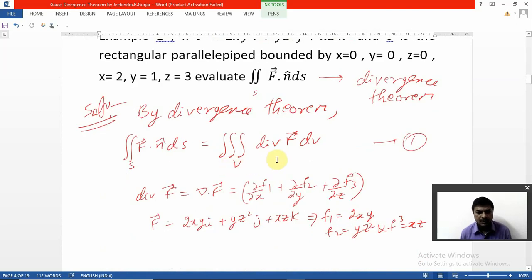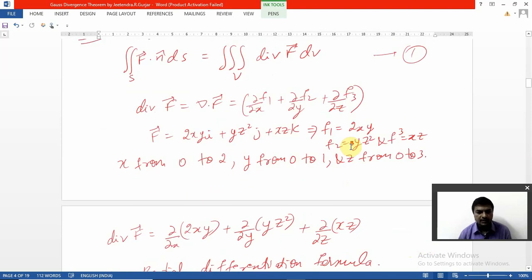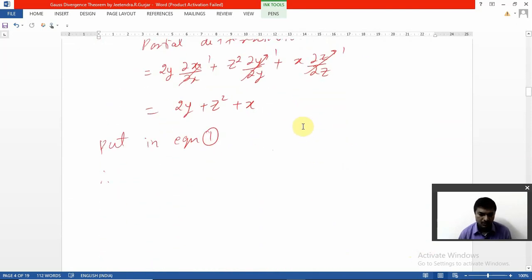So here the integration of x is from 0 to 2, y integration is from 0 to 1, and z integration is from 0 to 3. All this is given in the question, students, directly. Just we have to substitute it.